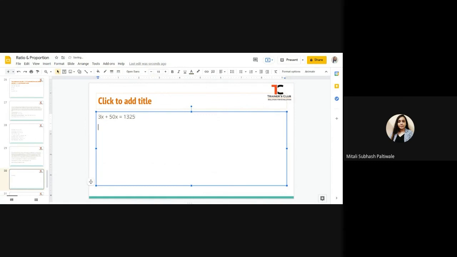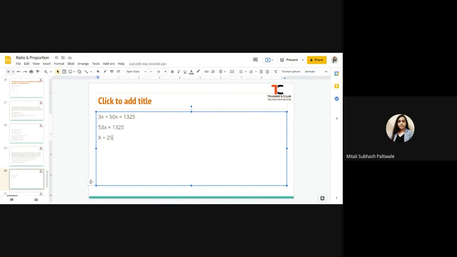Now 53x is equal to 1325. x is equal to 25.